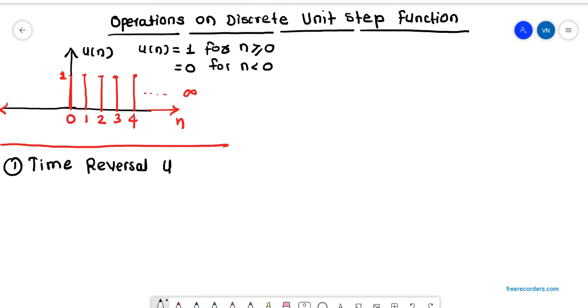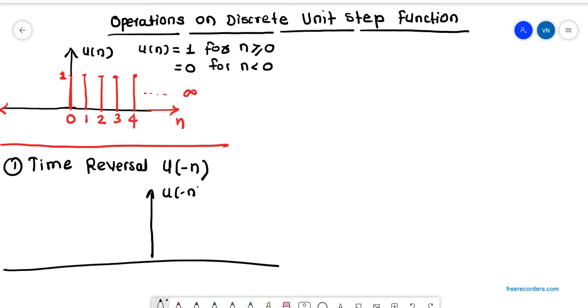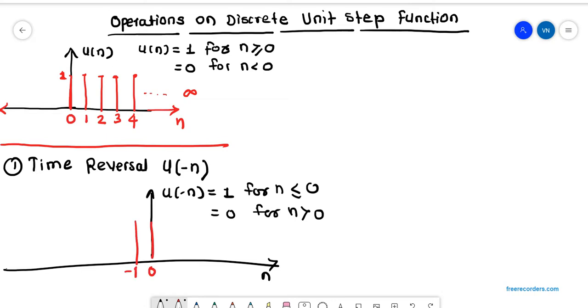Whatever the signal is, that signal's time will be reversed, but the amplitude remains the same. Means what? u of minus n equal to 1 for n less than or equal to 0 and 0 for n greater than 0. So only the time will be changed, but the signal is as it is.